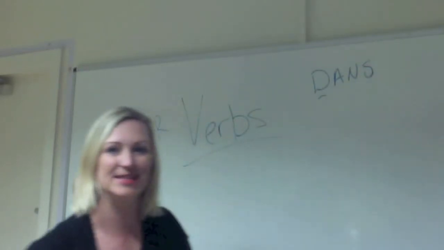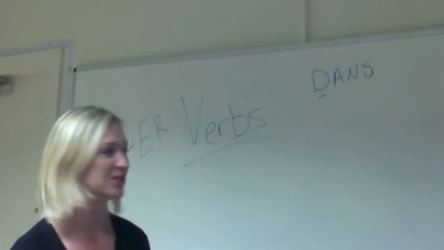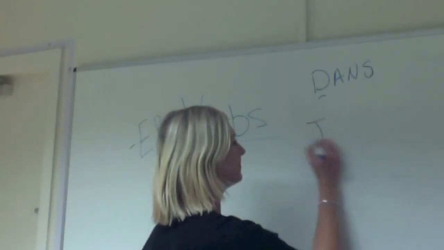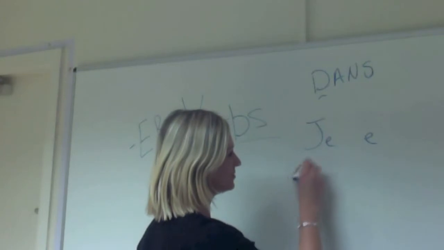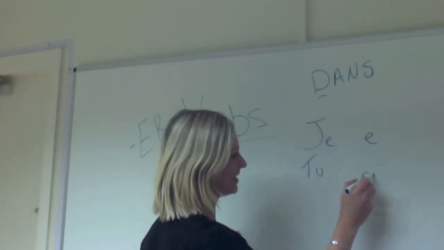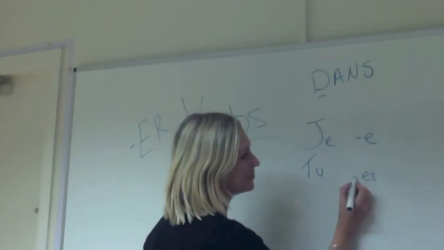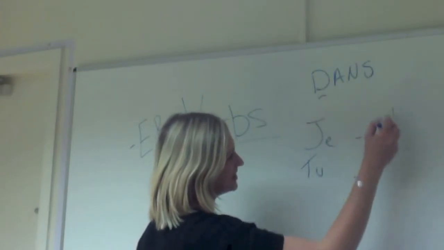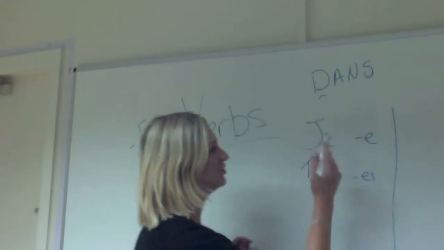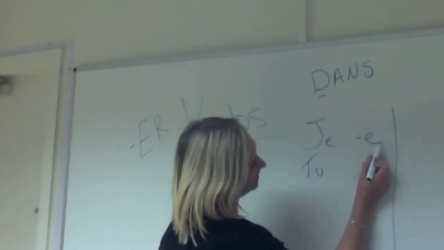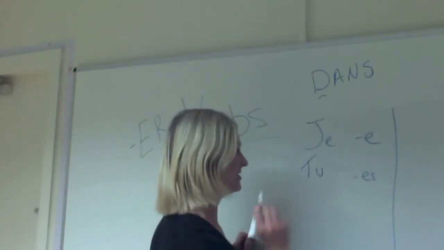Now you add endings on to match the people that are doing the action. So je has the E ending. Tu has ES. Now this is a table that you do need to write down. Je equals E. Tu, S.